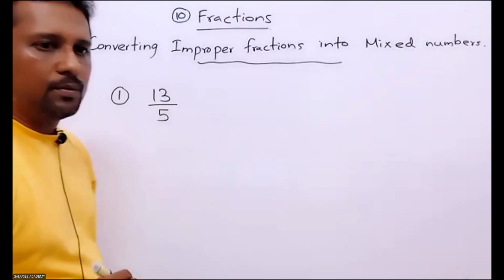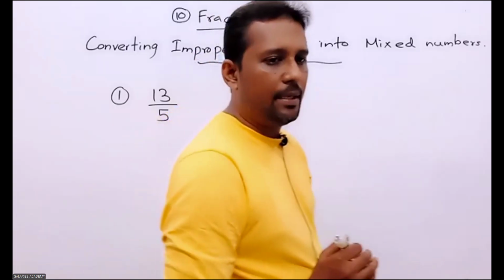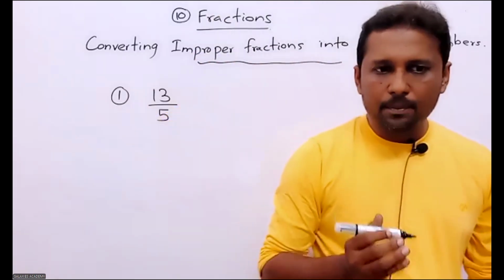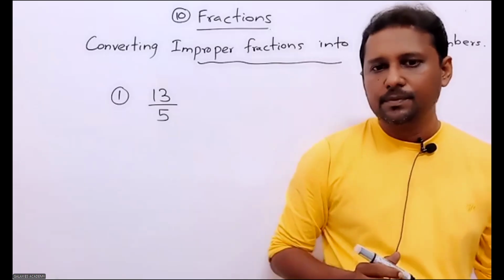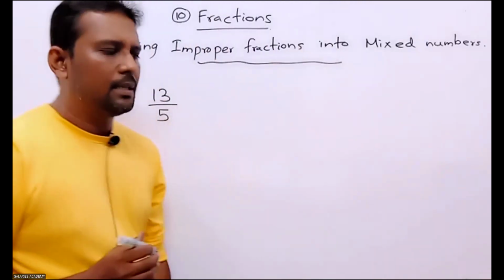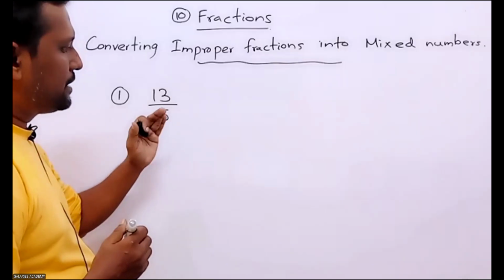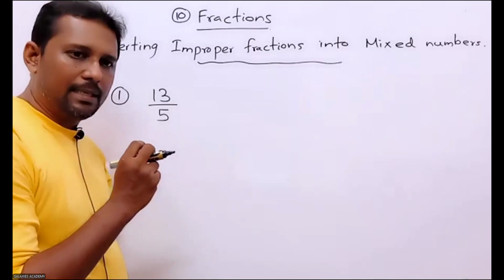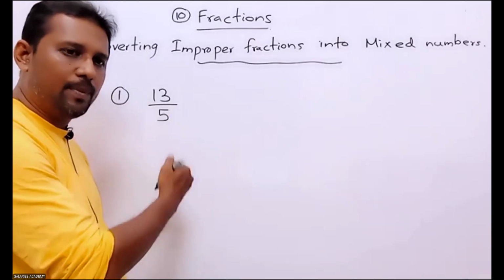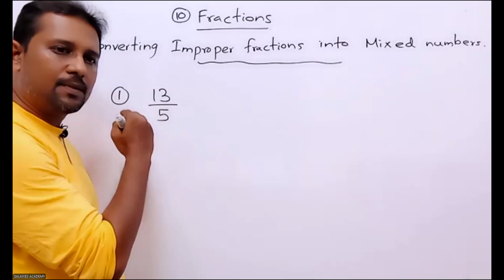13 over 5. Right, 13 over 5 means which type of fraction? Improper fraction. Now we have to convert it into a mixed number. What is the numerator? Numerator is 13. What is the denominator? Denominator is 5.